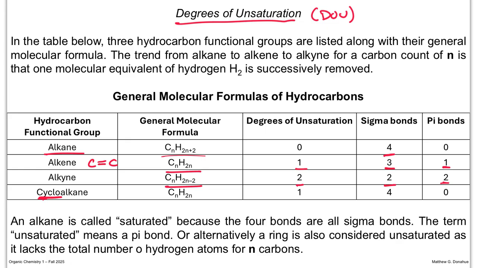So it ends up having the same molecular formula as an alkene. So there's 1 degree of unsaturation, but notice the difference now. There's still 4 sigma bonds to each carbon, but no pi bonds. So we're going to use this one quite a bit to figure some stuff out, the CnH2n plus 2.